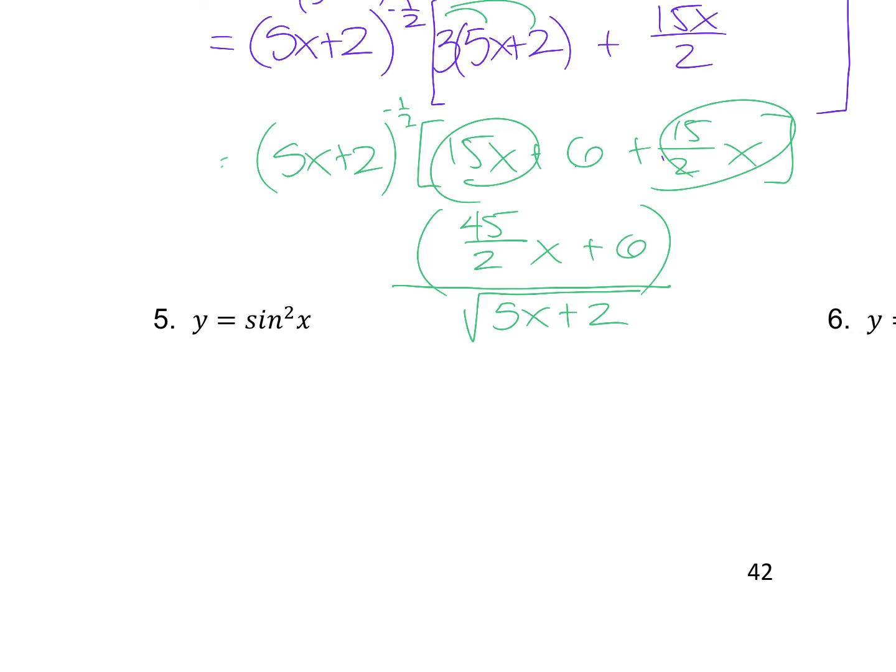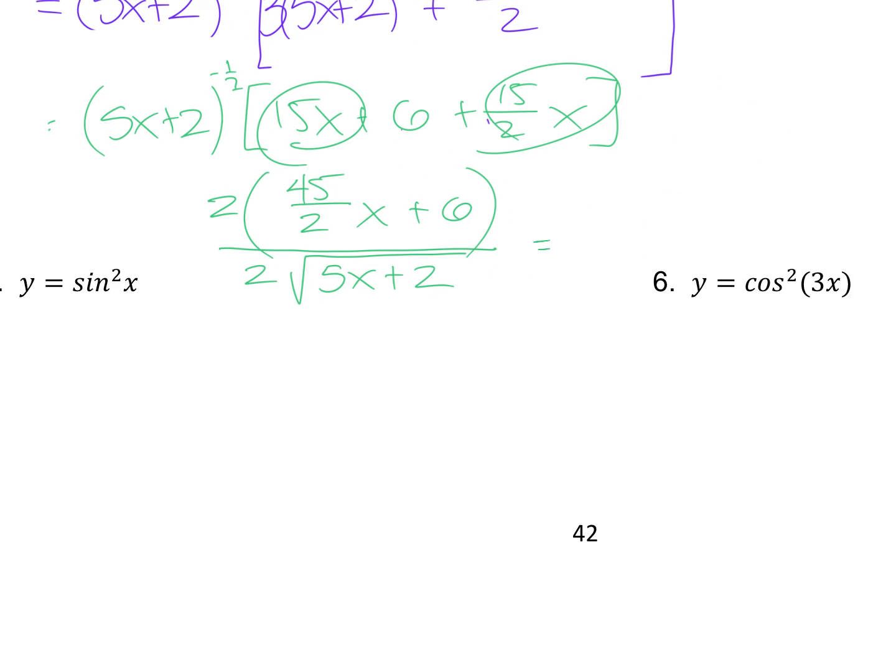What is one last thing that's not proper here? Yeah, I can't have like a double fraction here. How do I get rid of the 2 underneath the 45? I multiply everything by 2. So if I multiply by 2 top and bottom, my final answer here is going to be 45x plus 12 over 2 root 5x plus 2.